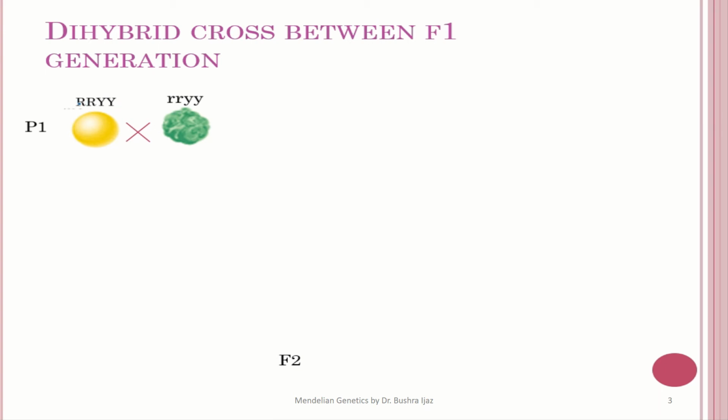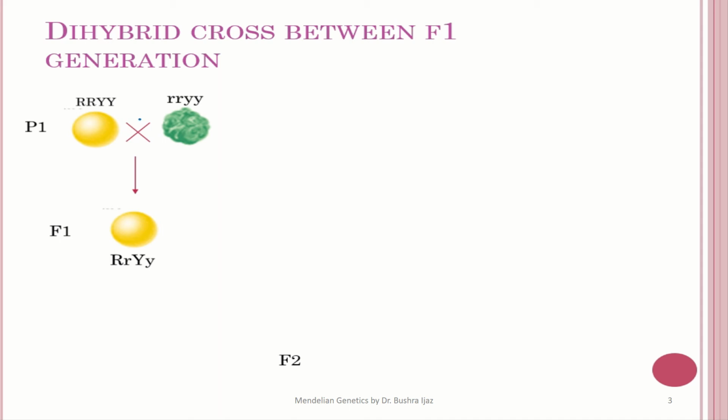Truly breeding means all four alleles are similar: homozygous for round and yellow, homozygous for wrinkled and green. So in the F1 generation, when there is a combination formed, they mix up their alleles and form capital R with small r, capital Y with small y. So it is again random. So this F1 generation or F1 plants were yellow and round.